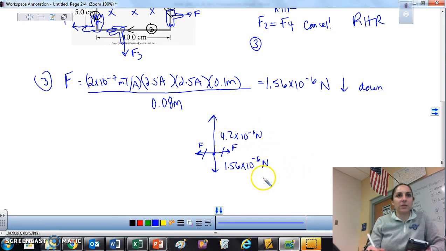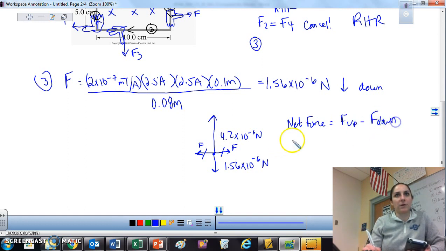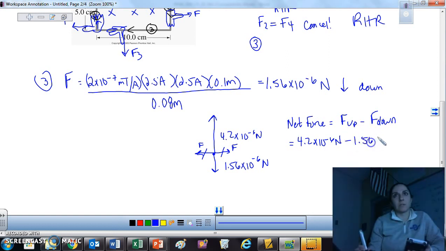So we could get the net force because we have to take some of the down and cancel out some of the up. To find the net force, I'm going to do the force up minus force down. That'll be the net force. So it's 4.2 times 10 to the negative 6 newtons minus 1.56 times 10 to the negative 6 newtons.